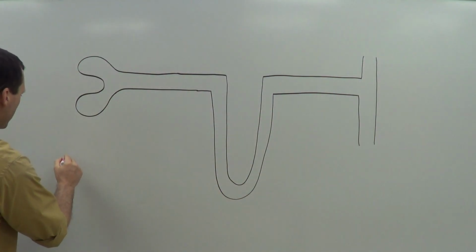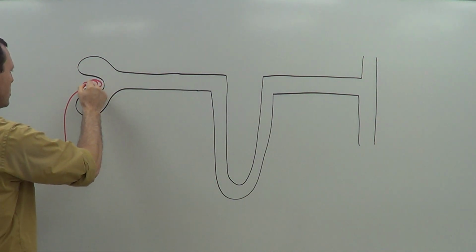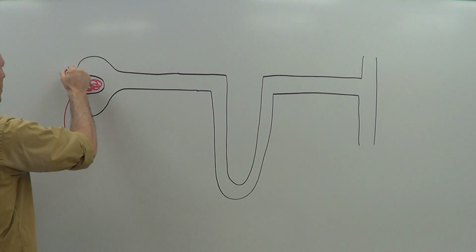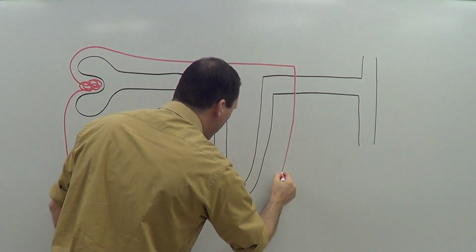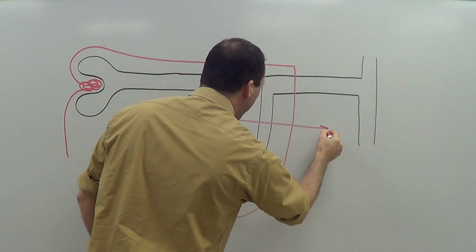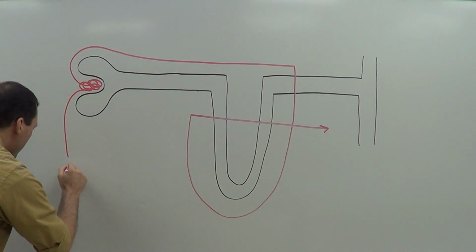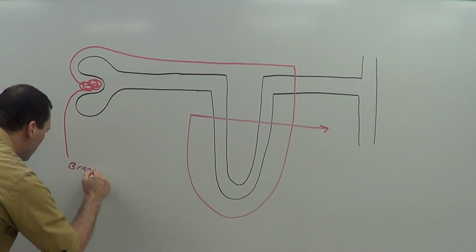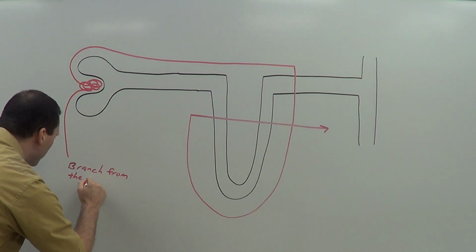So I'm going to draw a blood vessel coming up, going in here, circling around a few times, leaving, dropping down, coming around, and over. So this blood vessel actually is a branch from the renal artery.